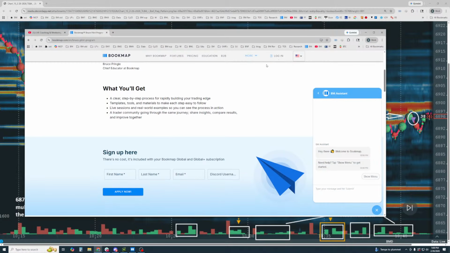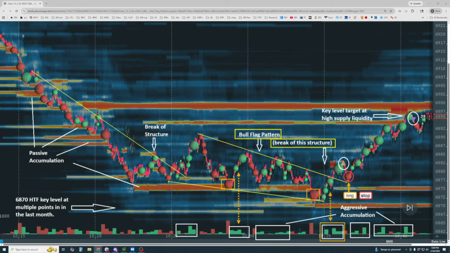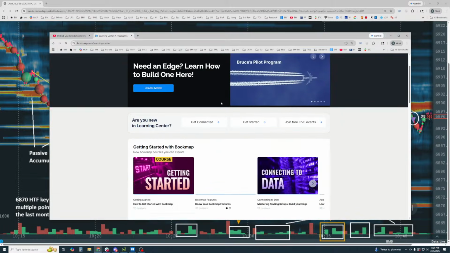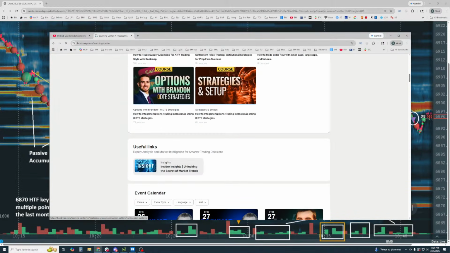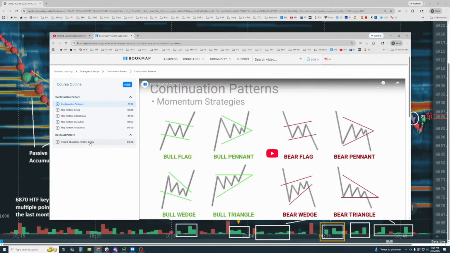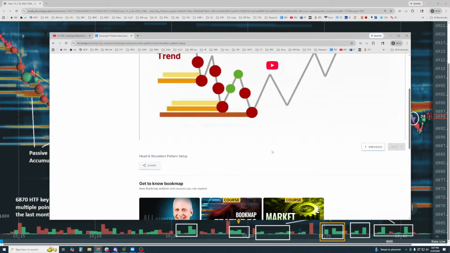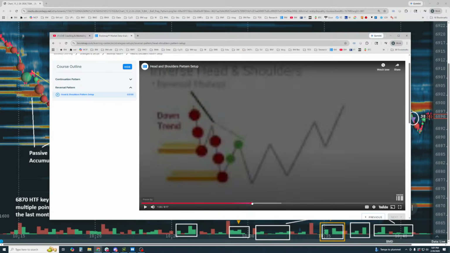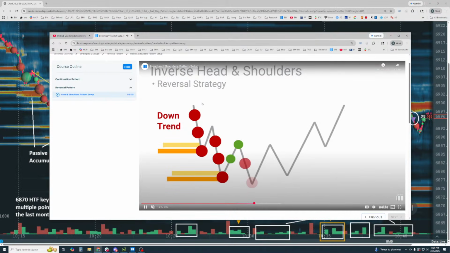Just a note on this kind of double structure. It happens a lot during this trendline break accumulation. Let me show it in the Bookmap Learning Center, where we have this older video on inverse head and shoulders. You may have seen me go over this before, but the downtrend here starts to flatten out a little bit.